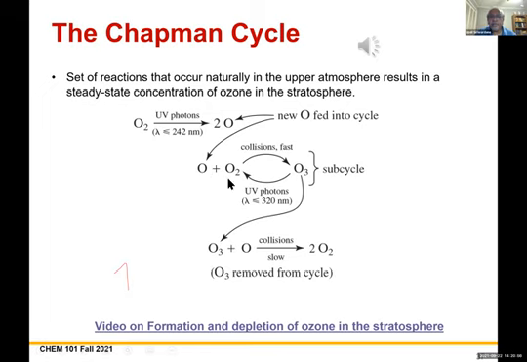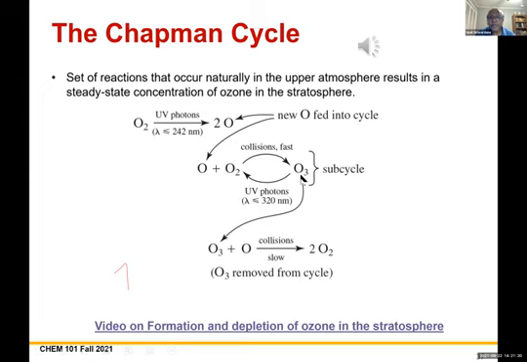This oxygen reacts with other oxygen in the ozone layer of the atmosphere to produce ozone. Ozone absorbs UVB and is broken into oxygen and atomic oxygen.